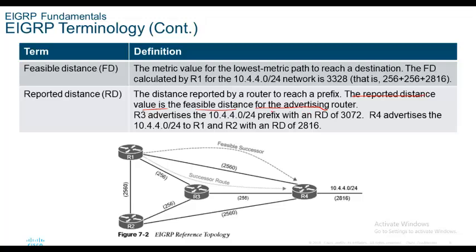For example, R3 advertises this. R4 advertises to R1 and R2.